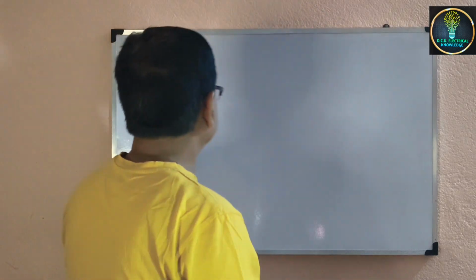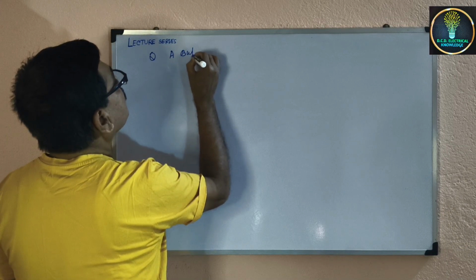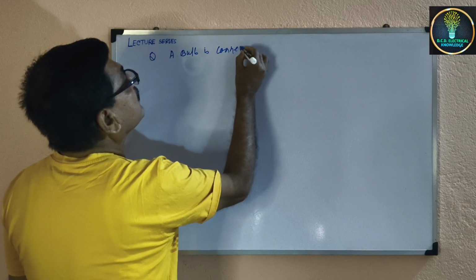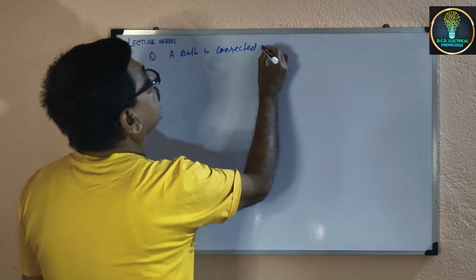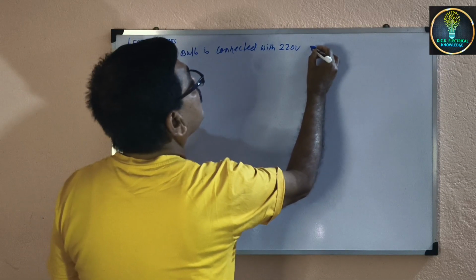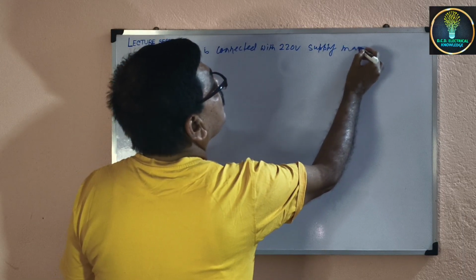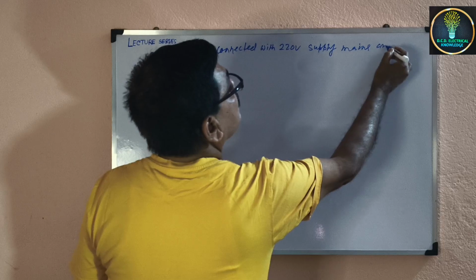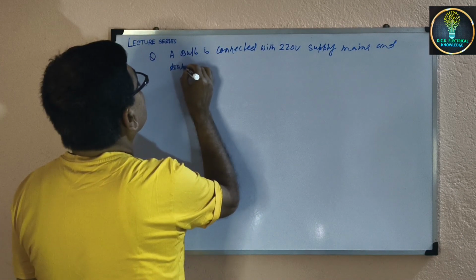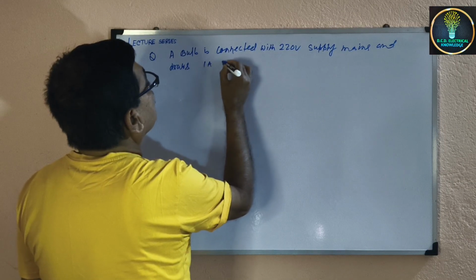A bulb is connected with 220 volt supply main and draws 1 ampere current.